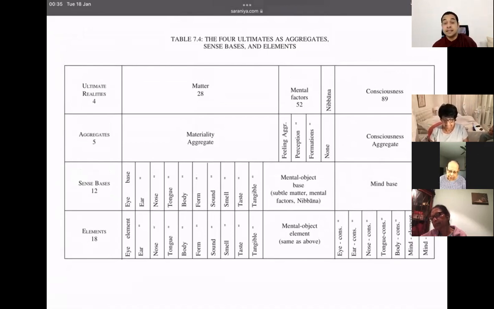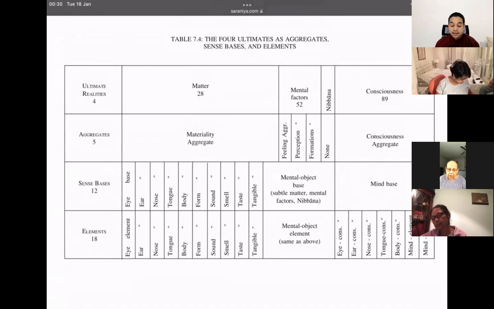That is to denote that in the mental object base, Sukhuma Rupas are present, and that subtle matter belongs to the material aggregate. Is that understood, everyone? In the mental object base, other than Sukhuma Rupa, we have the mental factors as well as Nibbana. And the mind base exists as a chunk over there.